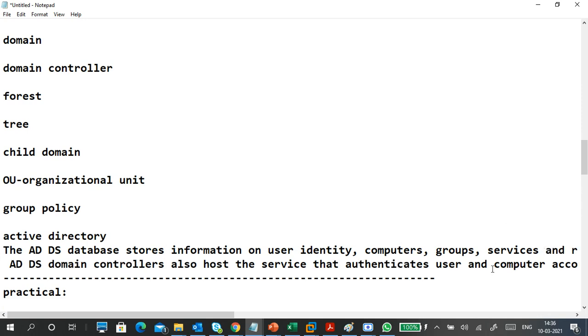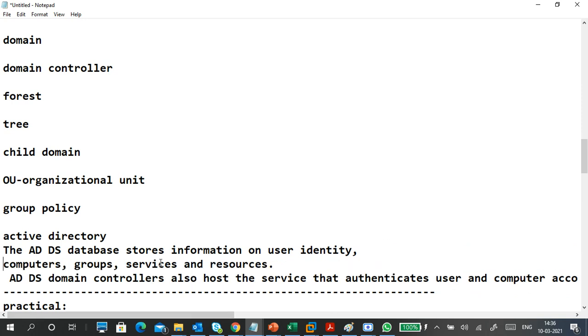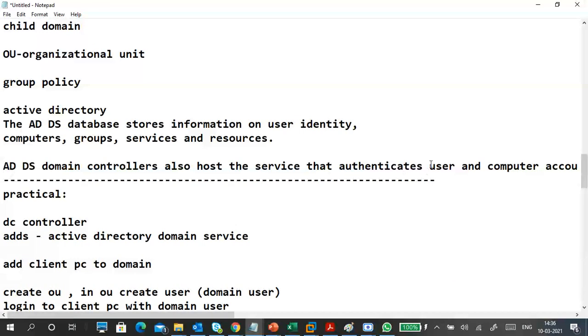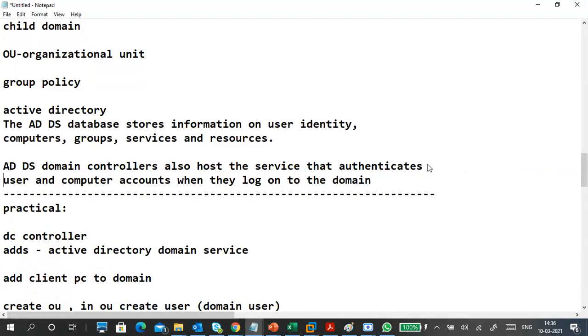Next point: there are two points you have to tell about Active Directory. The Active Directory domain controller also hosts a service that authenticates users and computers in the network when they log on to the domain. So this is about your Active Directory.